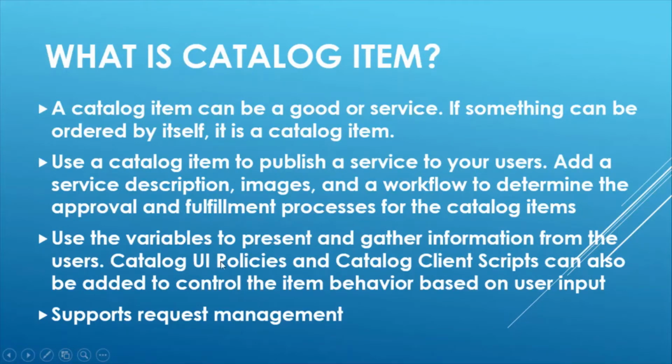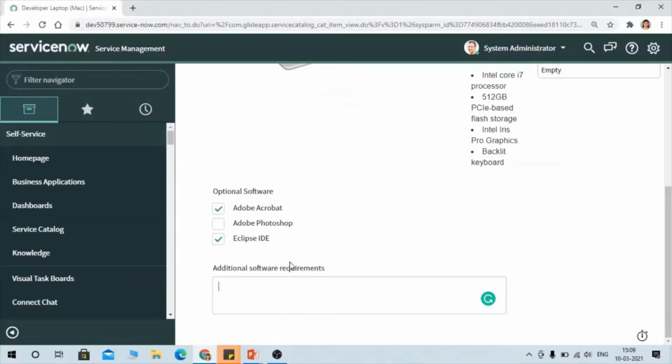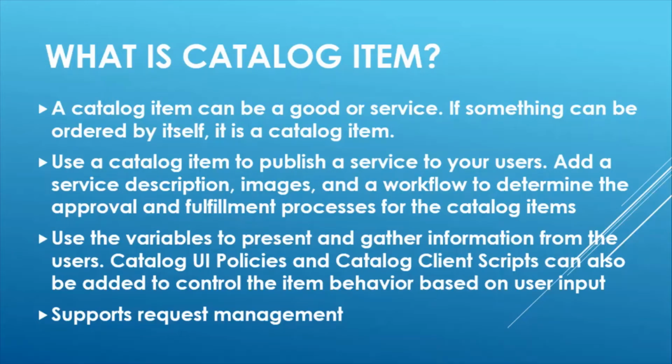And use variables to present and gather information from the user. So yes, we can use variables to gather information from the user, like this. If we need, we can gather some information, we can define some comments. We have multiple variables, so we can use those variables in catalog items and add many functionalities.